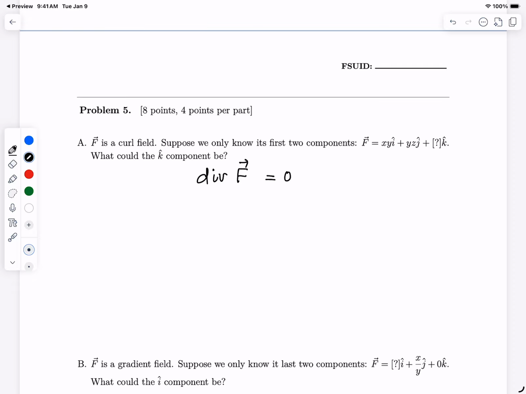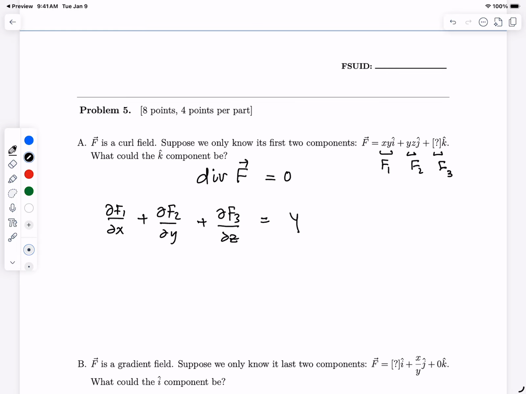Okay, so this guy is F1, this guy is F2, and this guy is F3, which is not given to us. So the divergence of this vector field is you differentiate F1 partially with respect to x, F2 partially with respect to y, F3 partially with respect to z.